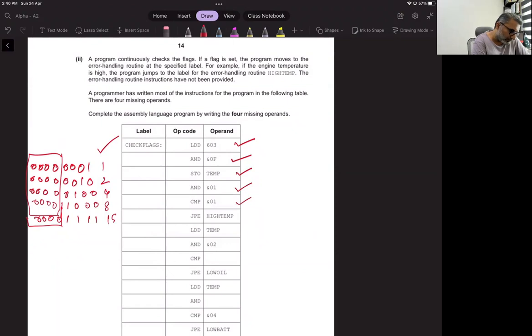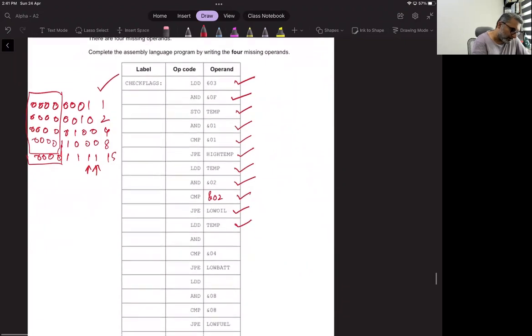Compare with 1. Jump to high temperature. So this one is high temperature. Load temporary again. AND with 2. Compare with 2 obviously. Jump to low oil pressure. Again load temporary back.